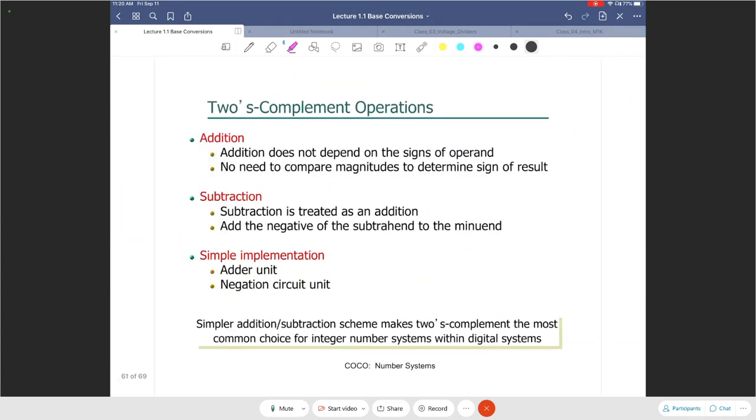Okay, so here. Now, when you're doing 2's complement arithmetic, you will need only 2 things. One, adder unit. The other, a circuit that can compute 2's complement of numbers. So a negation circuit unit. We also need an ability to add 1. And actually adding 1 is not a big problem because I can assume the initial carry in of numbers to be a 1, right?